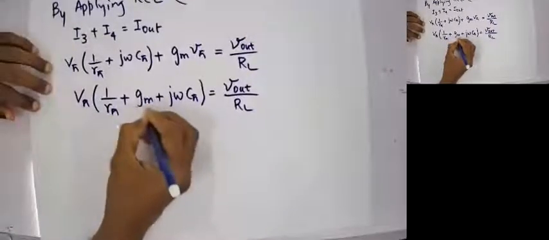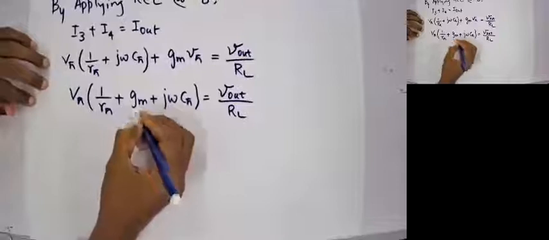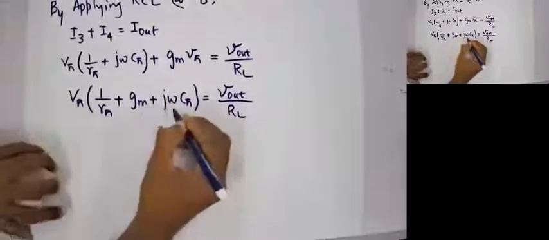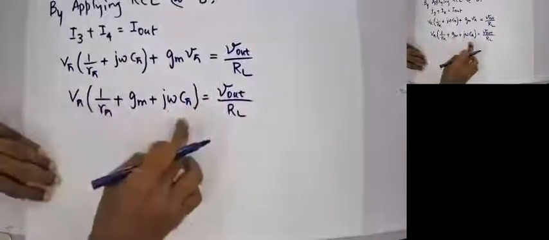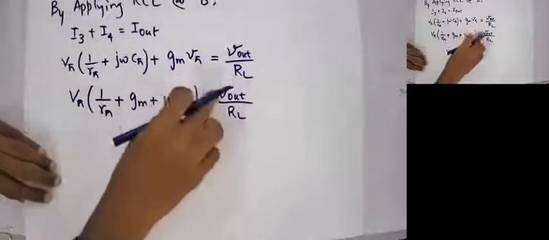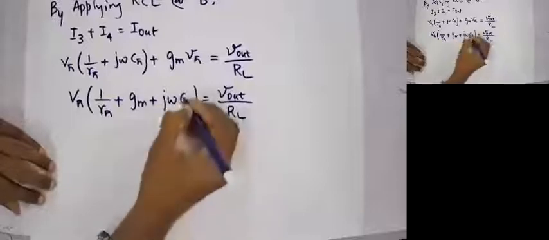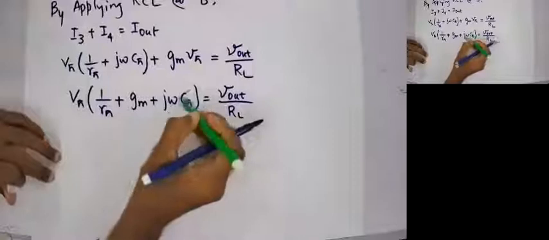So here you have Gm, the transconductance value, right? When compared to Gm, your omega C pi can be neglected. Again, when you are calculating the mod of these resistances, these have to be squared, so we can simply neglect this value from your equation. The imaginary part can be removed from the equation.